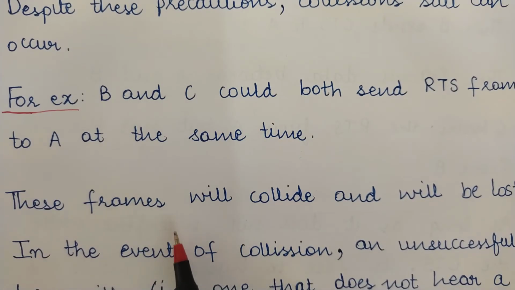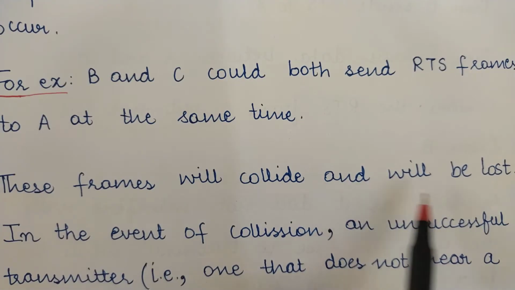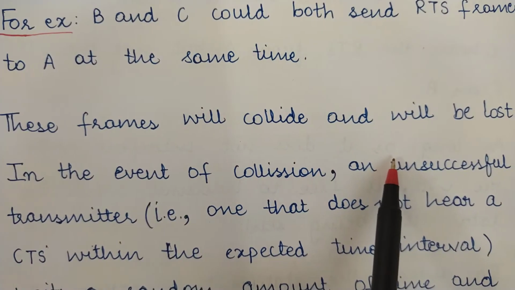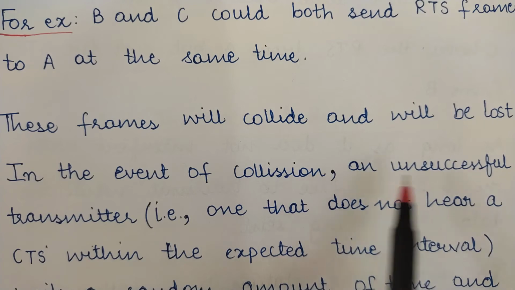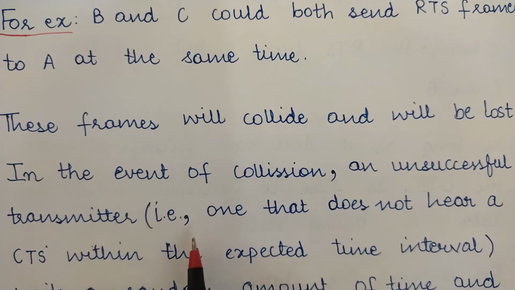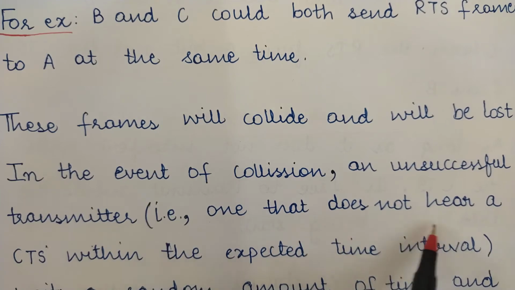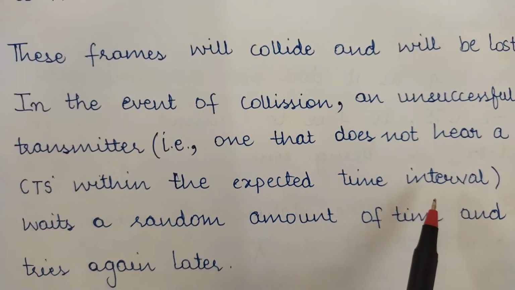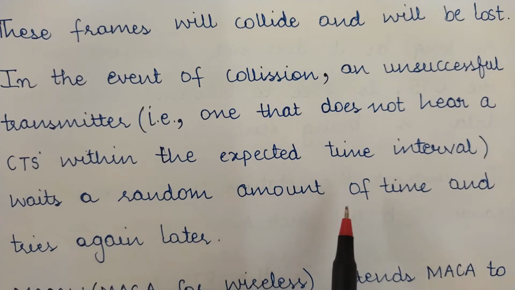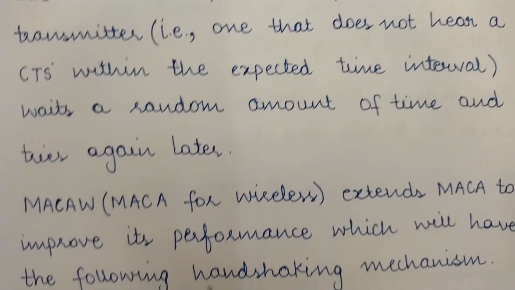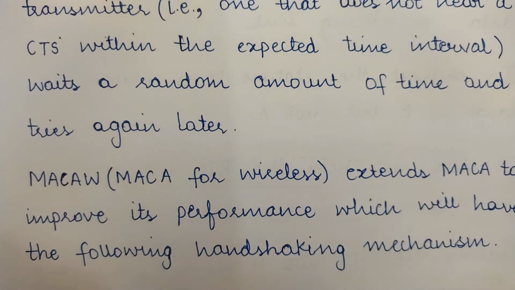So these frames will collide and will be lost. It is quite obvious. And in the event of collision, an unsuccessful transmitter, the one that does not hear a CTS within the expected time interval, waits a random amount of time and then tries again later.